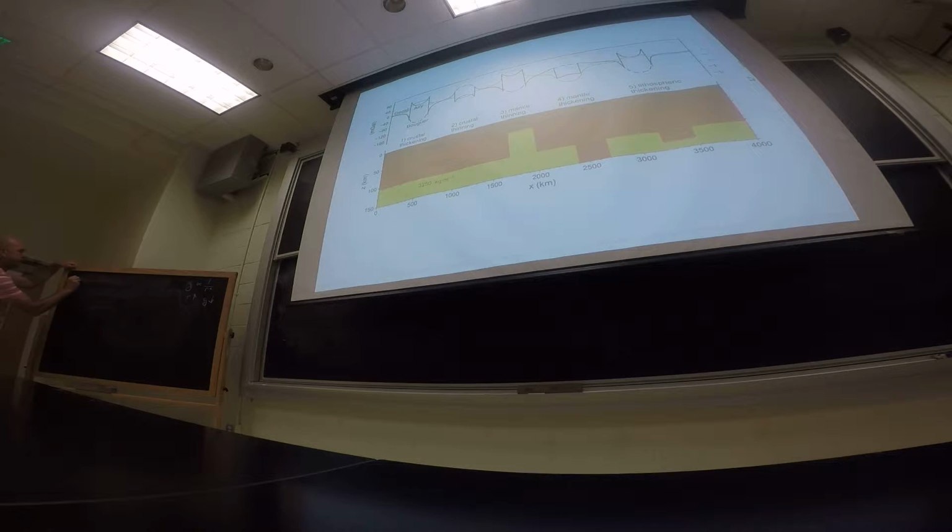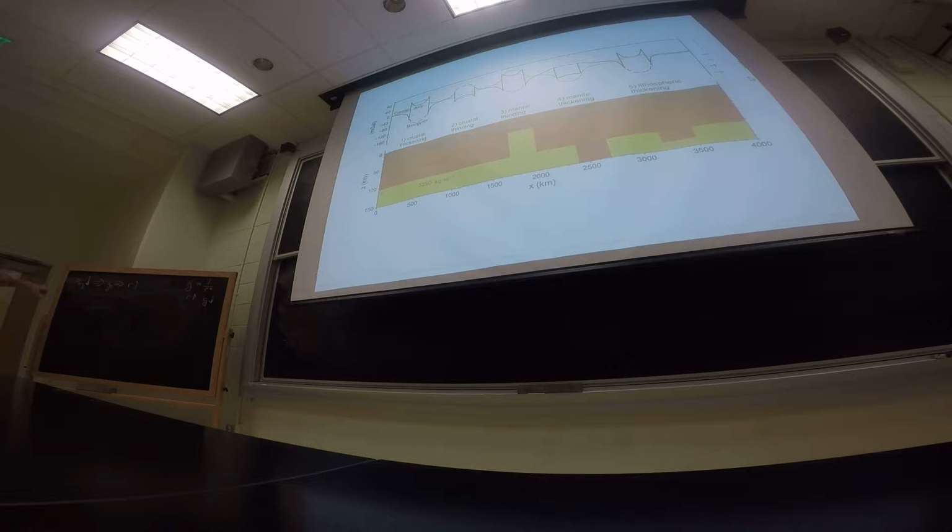So if we have rho, let's say average, drops, okay, that implies that the force of gravity drops. And if the force of gravity drops, that implies that r is essentially increasing, that we are further away from the center of the Earth.